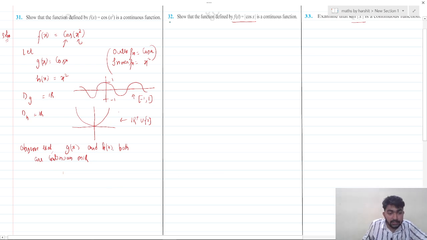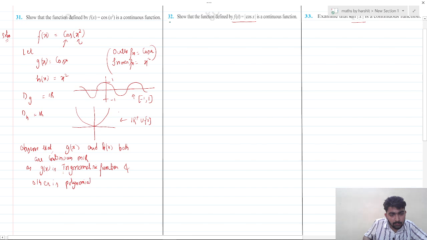So observe that g of x and h of x both are continuous, as g of x is a trigonometric function and the other is a polynomial.